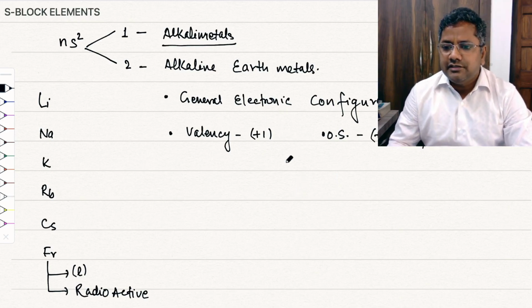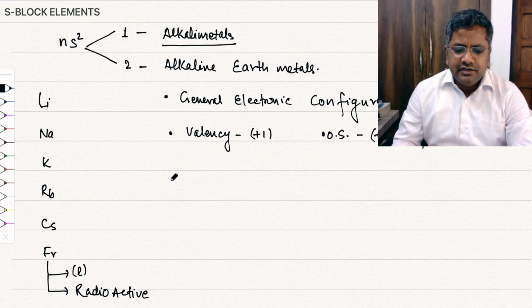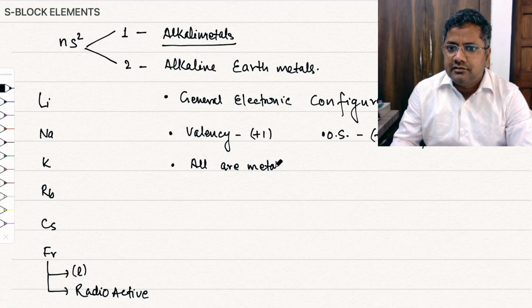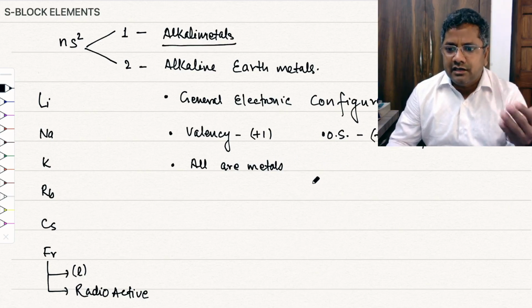There is no change in its valency and its oxidation state, and all are metals, silvery white color metals. Metals means they have typical characteristic properties of metal like metallic lustre, low ionization energy, high electropositivity, formation of ionic compounds, good reducing nature.